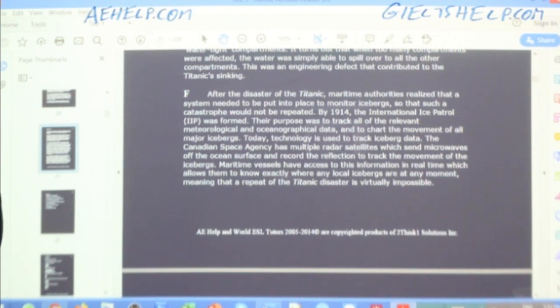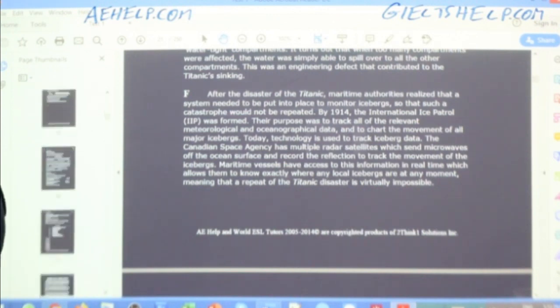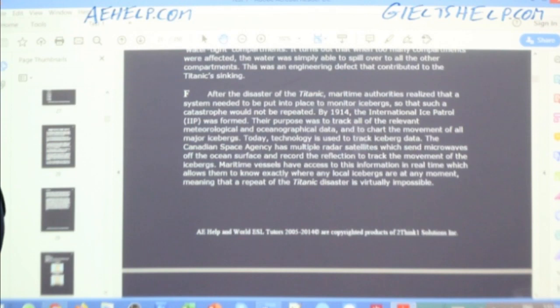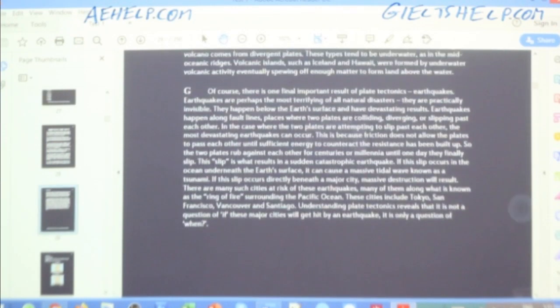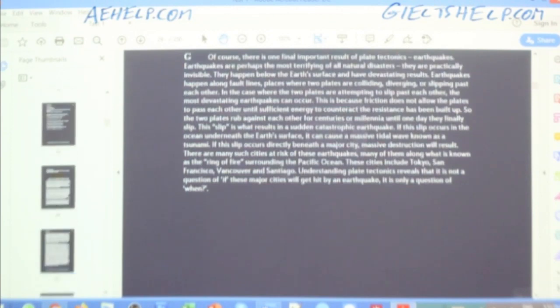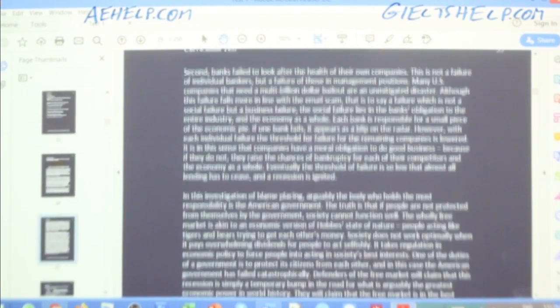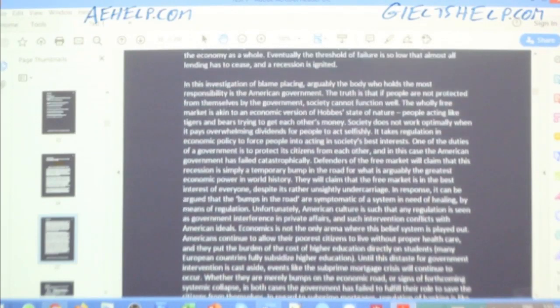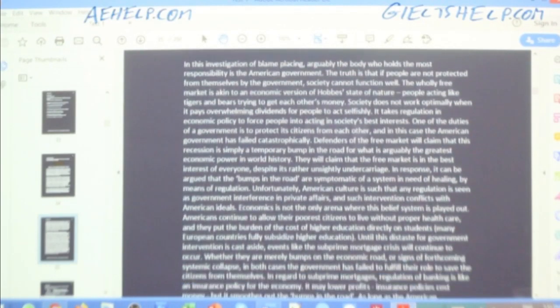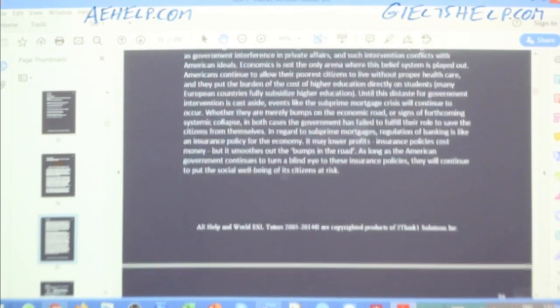Sometimes shorter paragraphs will contain lots of information. I have to do some quick reading here. Most paragraphs you will find are just about one idea.